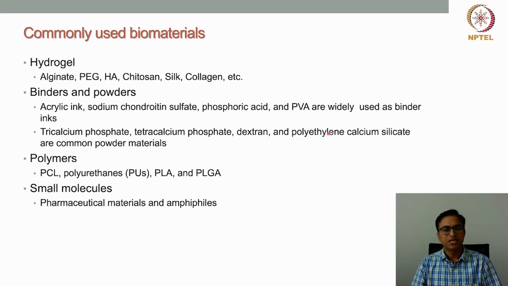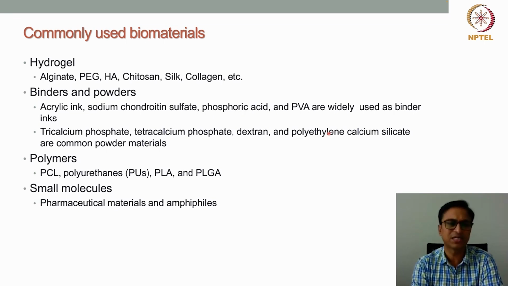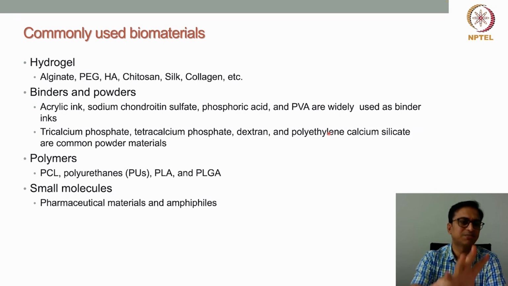This is because inkjet printing technology has the capability of patterning into a 2D structure. So these kinds of molecules can be used very well for 2D patterning, even for 3D patterning, even for making a gradient structure with different materials. So these are the different types of biomaterials most commonly used for inkjet 3D printing. There are many other biomaterials also being used, but these are the major classes.